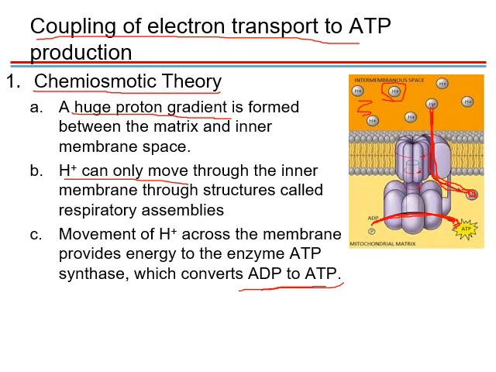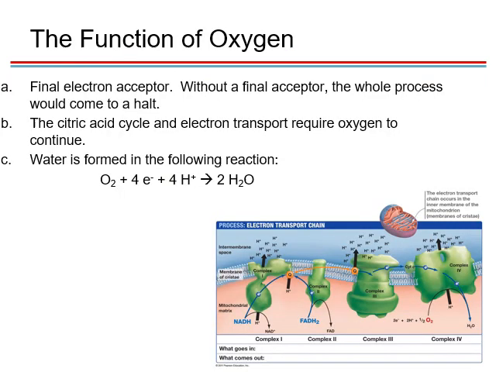So let's see what the function of oxygen is in this case. Oxygen's main role is to be the final electron acceptor at the electron transport chain. Remember, these electrons are getting passed along as we go through.